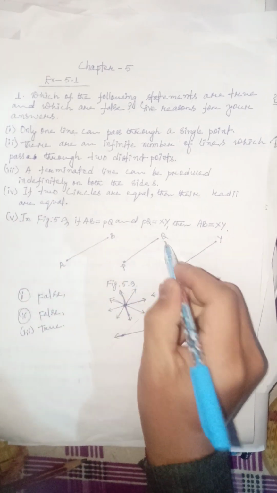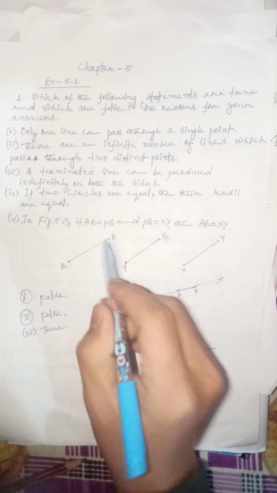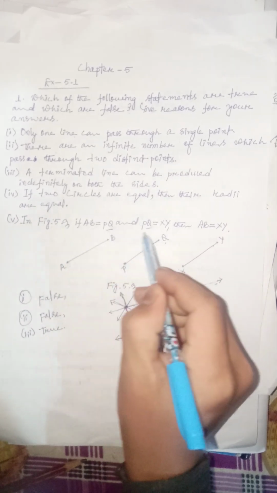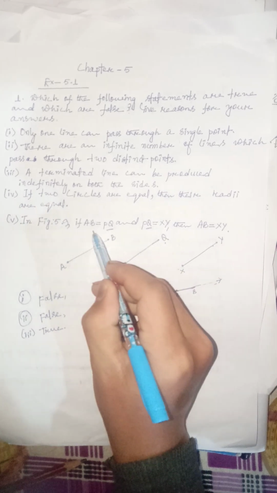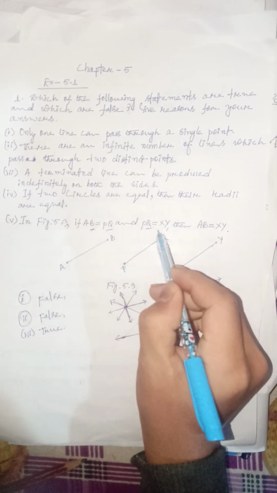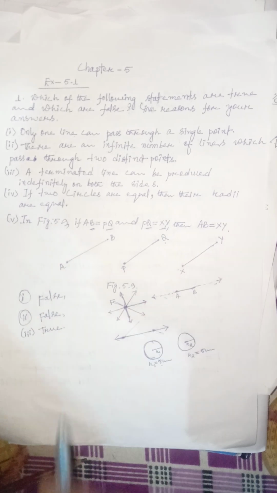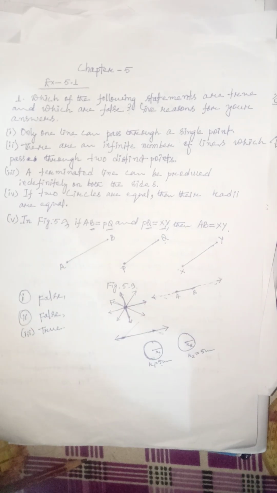AB is equal to PQ and PQ is equal to XY. We can see that PQ is common in these two. Using these two, this AB as well as this XY should also be equal to each other. That's what we call it. Things which are equal to the same thing are equal to one another, which is given by axiom 1.